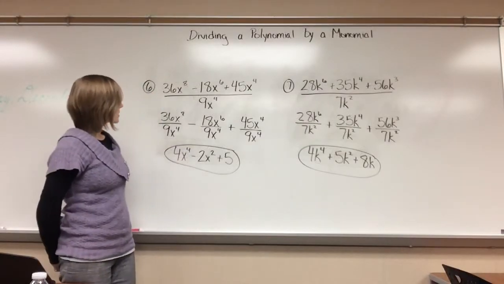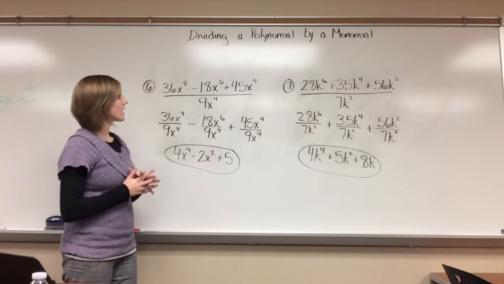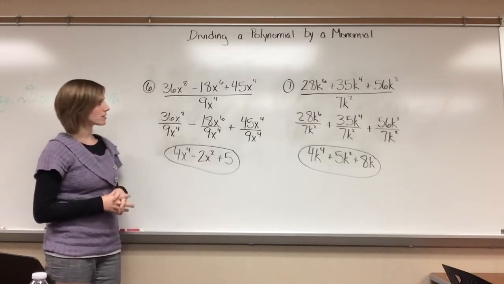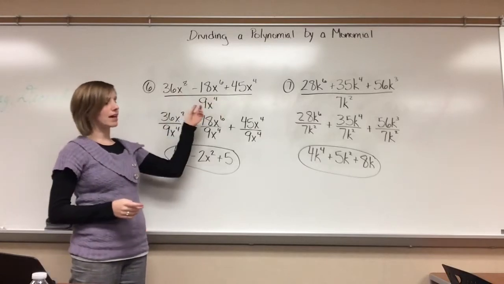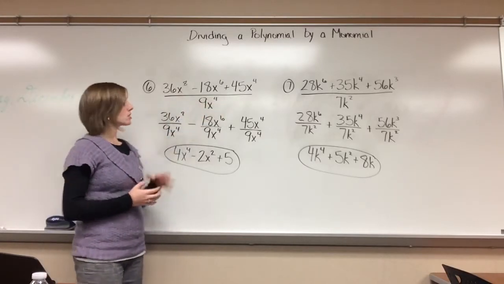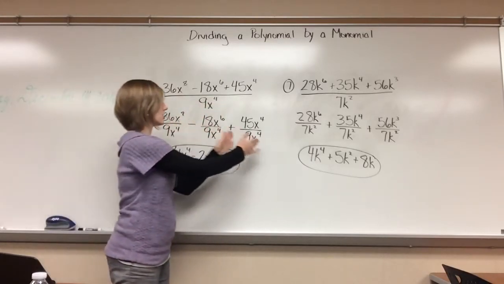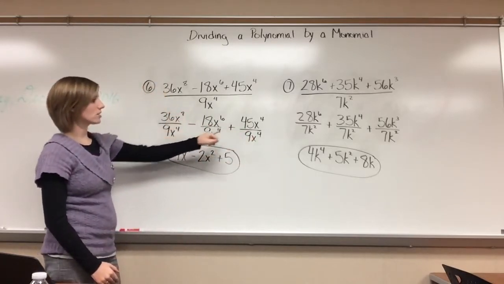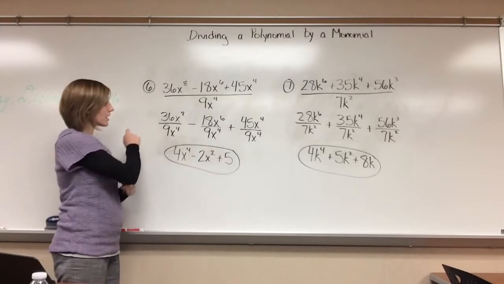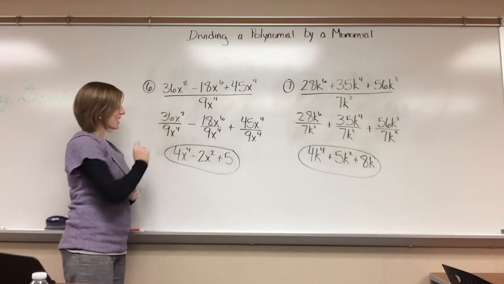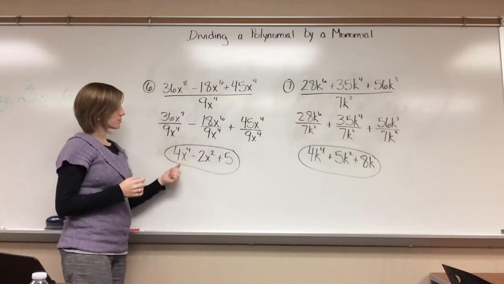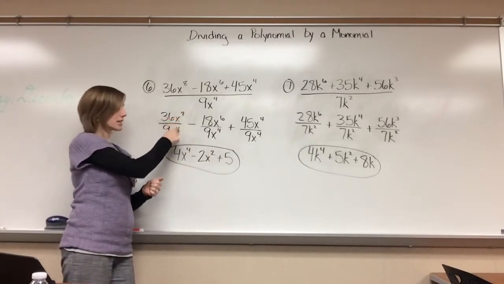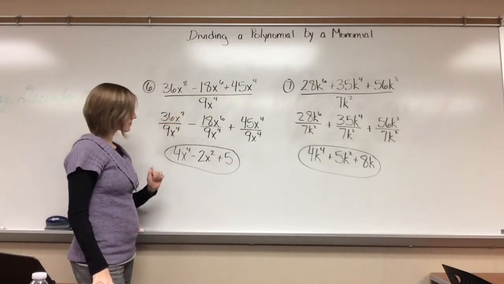For problem number 6, we had 36x to the 8th minus 18x to the 6th plus 45x to the 4th, and we're dividing that by 9x to the 4th. So I went ahead and separated each term, knowing that I was going to divide each one by the 9x to the 4th. So 36x to the 8th divided by 9x to the 4th gives me 4x to the 4th. I divided my coefficients, subtracted my exponents top to bottom.